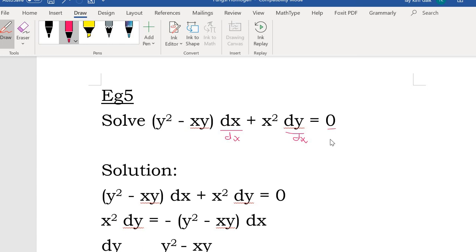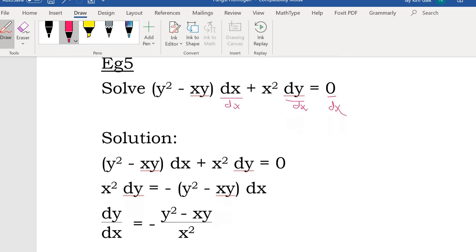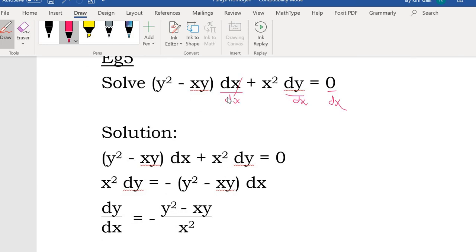So 0 divided by dx, of course you get 0, so this one cancels. So you have x squared dy dx equal to, this one brought to the right side, negative bracket y squared minus xy dx.